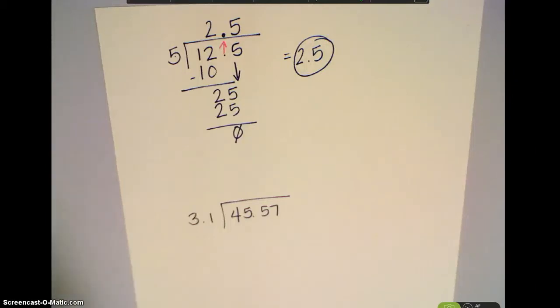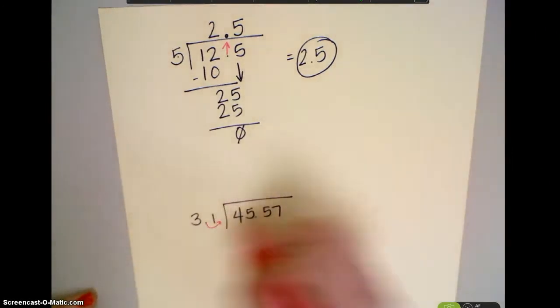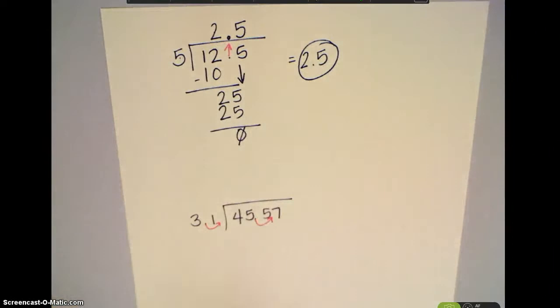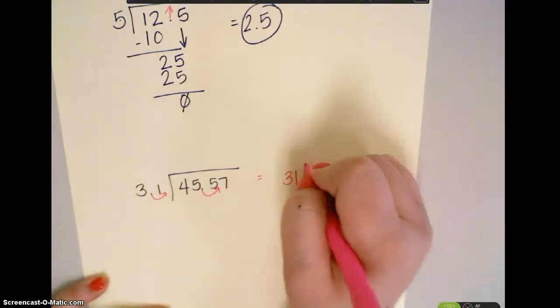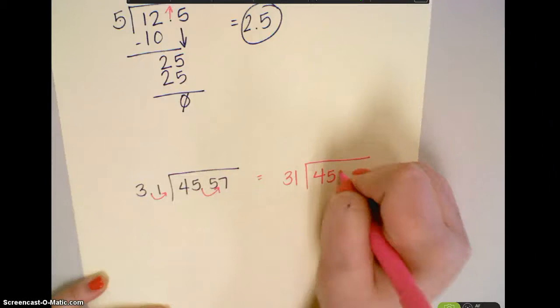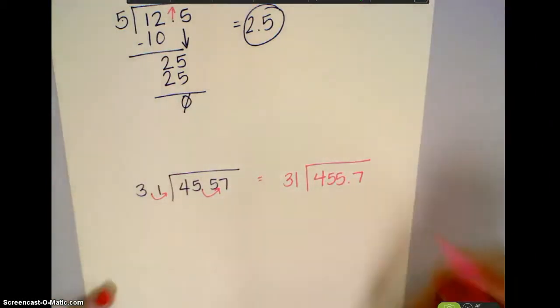So you're going to multiply both the outside number and the inside number by 10. Okay, because when I multiply by 10, it enables me to move my decimal place one place over, so that now I have the problem 31 divided by 455.7, and I will get the same answer because I've just multiplied both of my numbers by 10.